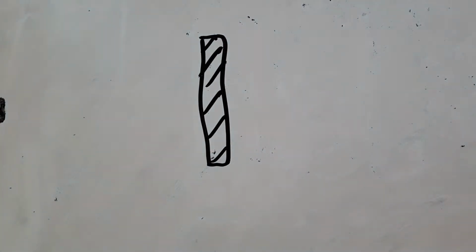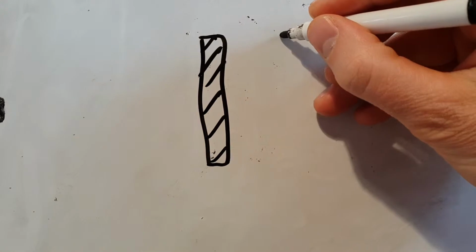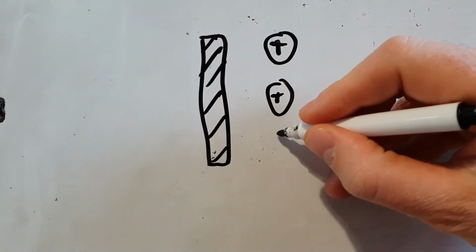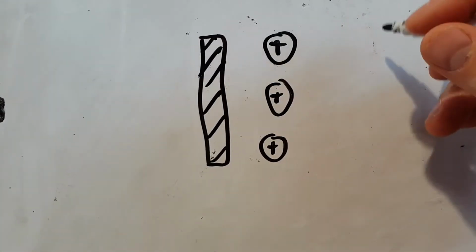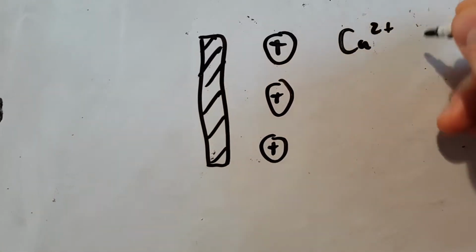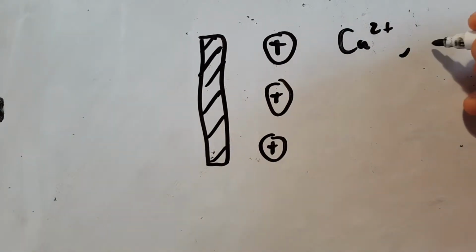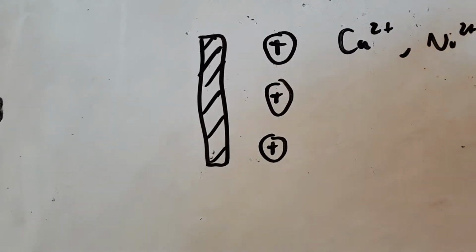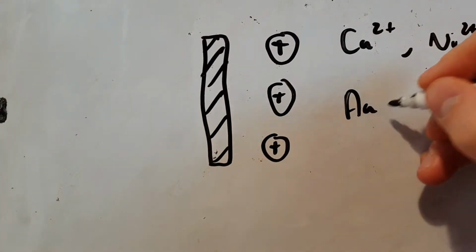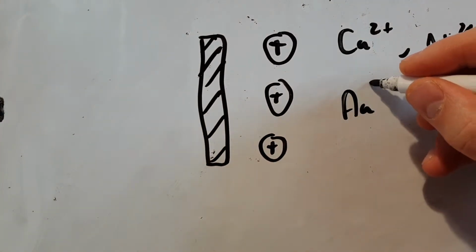In electroplating, we're often talking about metal electroplating, so you have a salt or a cation which is positively charged. Examples are copper 2 plus, maybe nickel 2 plus, and gold, which I think is 3 plus.